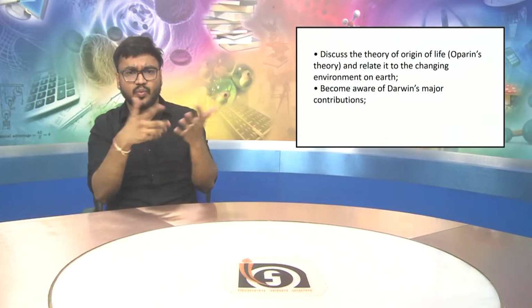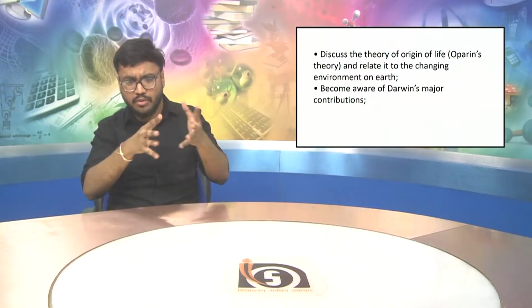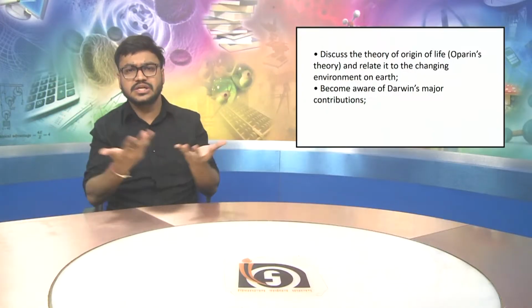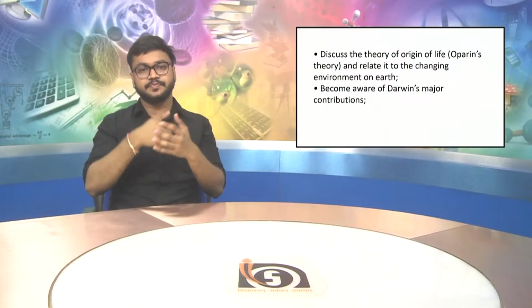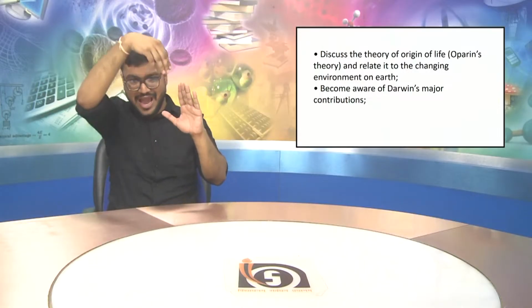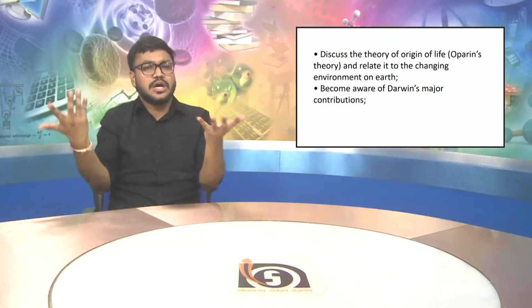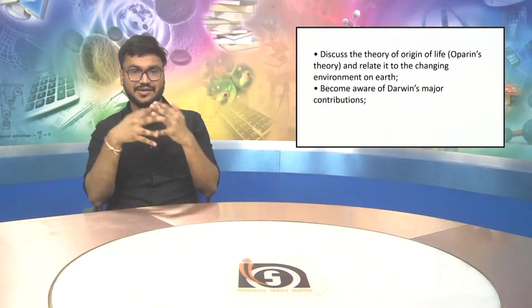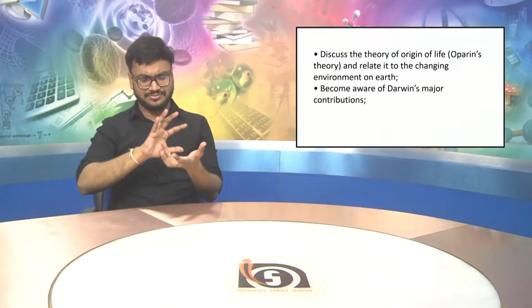Second, we can discuss the theory of origin of life in terms of Oparin's theory and relate it to the changing environment on the earth. And third, become aware of Darwin's major contributions.